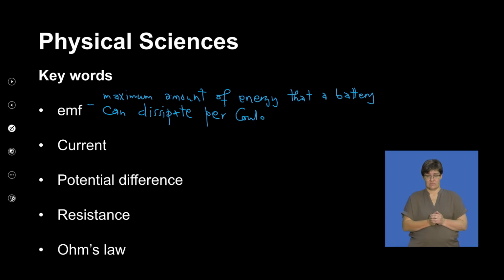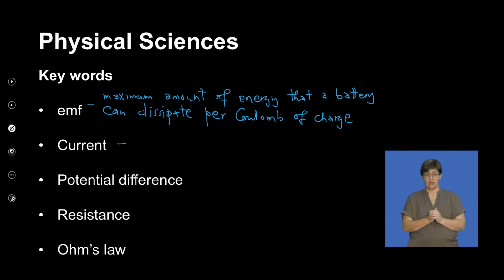So the coulomb is the SI unit of charge. There's a difference again between EMF and EMF reading. The EMF reading, as we know it, is the reading of the voltmeter connected across the battery when there's no current flow. We will talk about that.